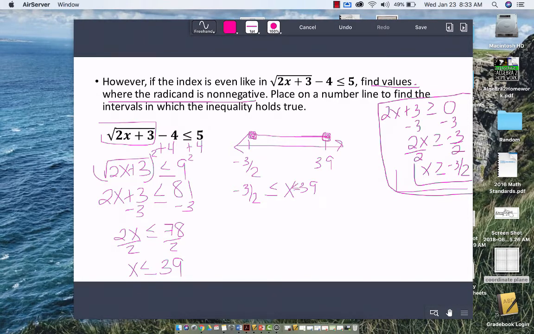And if we only got this answer, or we only got this answer, we'd be opening up our solution set to way more answers than actually belong. So while there is quite a large solution set here, it is limited to the numbers that are bigger than or equal to negative 3 halves and less than or equal to 39.